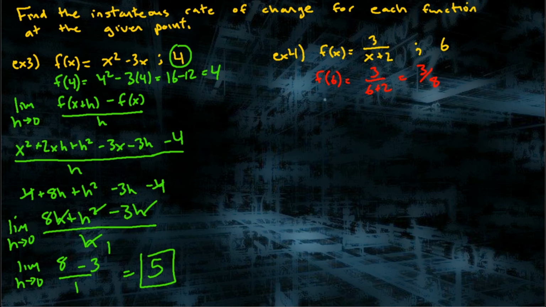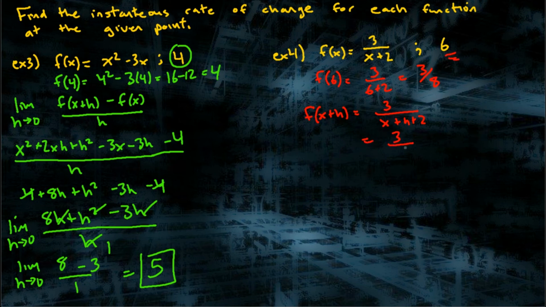Okay? And while I'm at it, this is good practice, I'm going to find f of x plus h. I'm going to find out what that is, and that's going to be 3 over x plus h plus 2. Again, h is just going to be that little number. Now I know that x is going to 6 because I want it at 6.